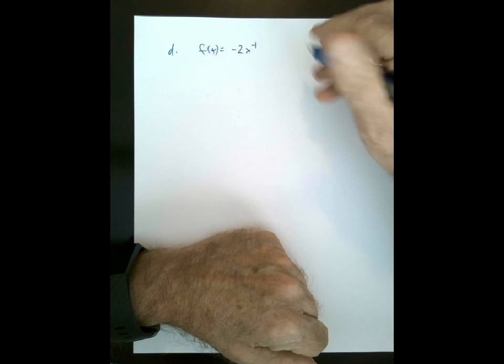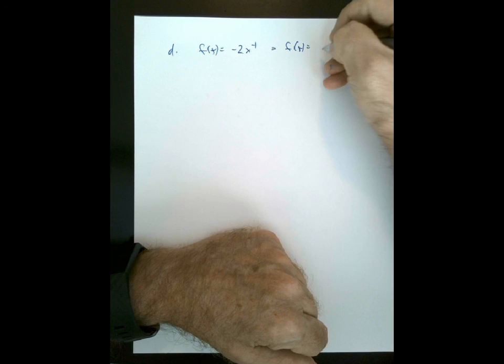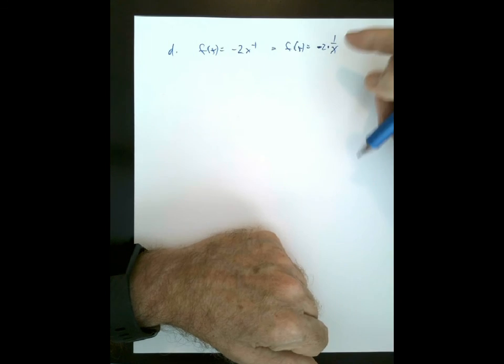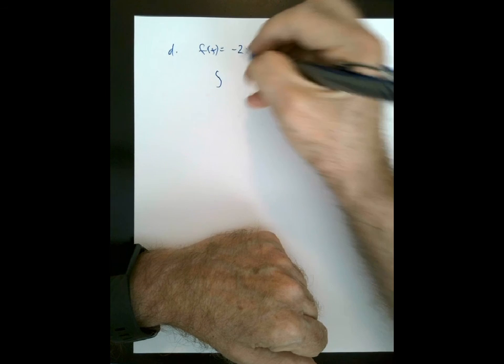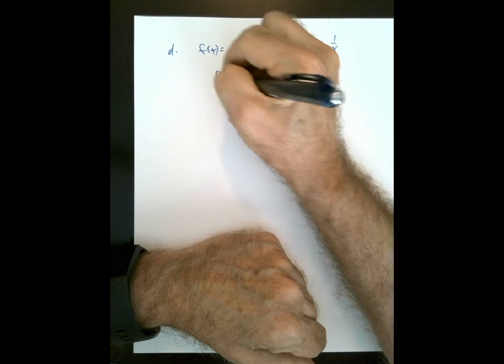So we just remember that we can write this f of x as negative 2 times 1 over x, right? So that's the negative 1 there. Then backwards here, that's going to be the integral of negative 2 times 1 over x dx.